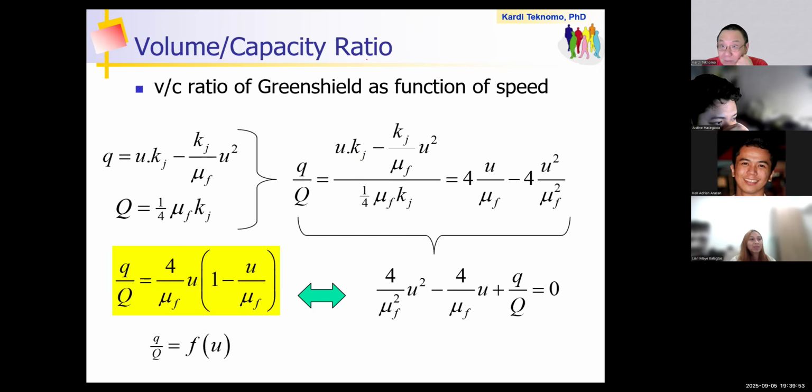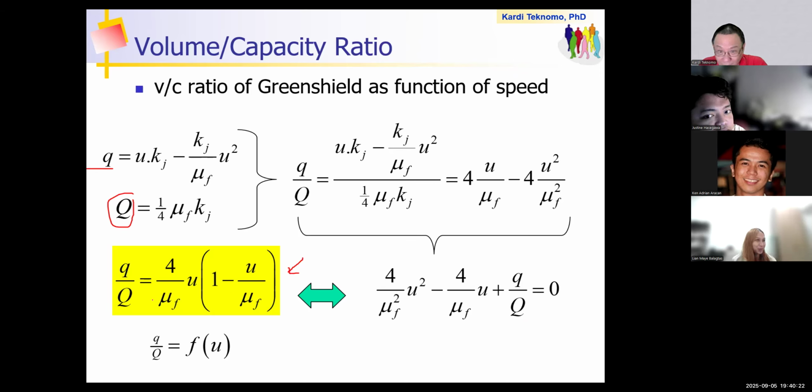So I just write this in terms of V/C ratio. I have the Q, this is the flow, and I have the capacity. From there, I can compute algebraically, and I get these things in yellow.